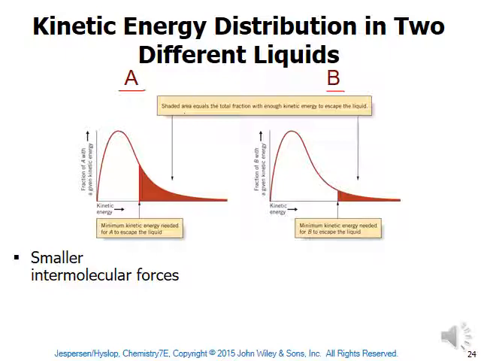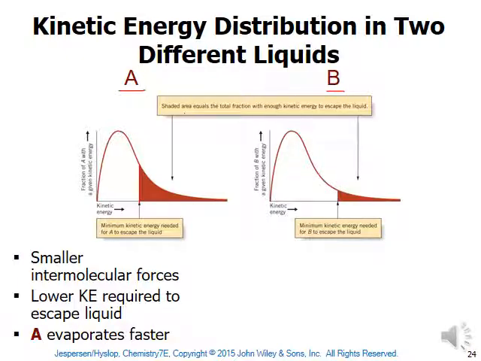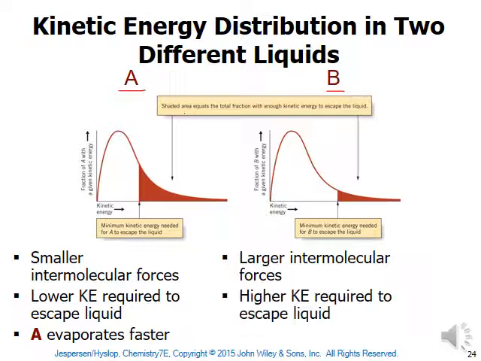Both of these have the same temperature, therefore the same distribution, but this one has a smaller minimum kinetic energy than that one, because it's easier to break apart the intermolecular forces. Therefore it requires less energy to escape the liquid, and therefore A evaporates faster than B.